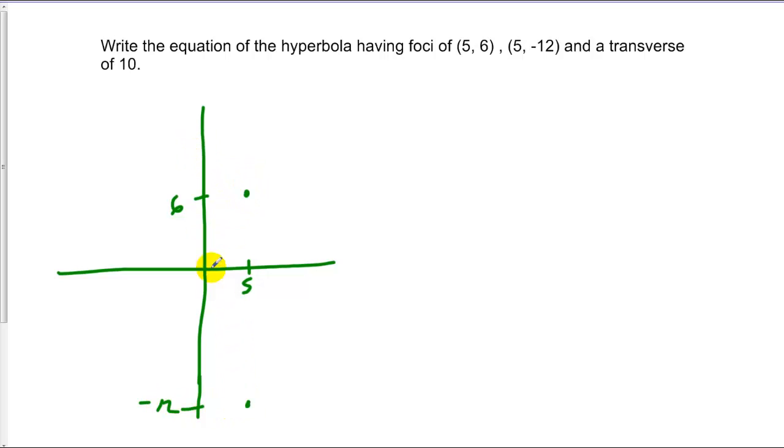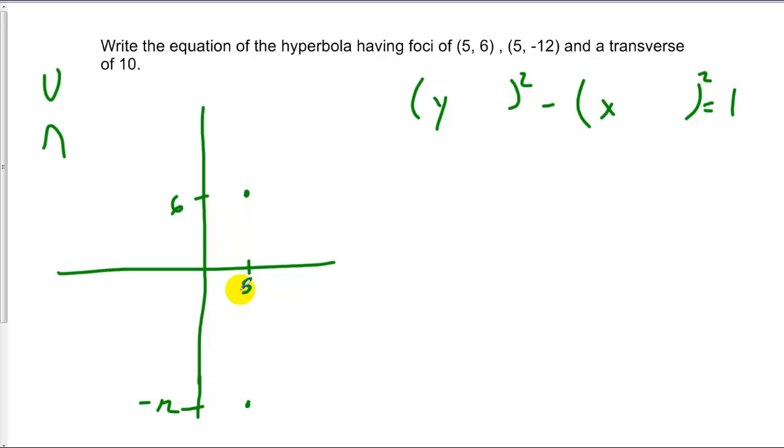Those are my two foci. I know that since the foci are on a vertical plane, I'm going to have an ellipse, or sorry, a hyperbola that leads with the y squared term and then has an x squared term.